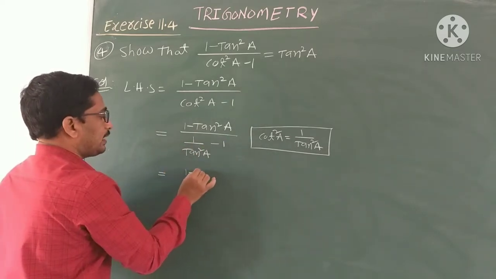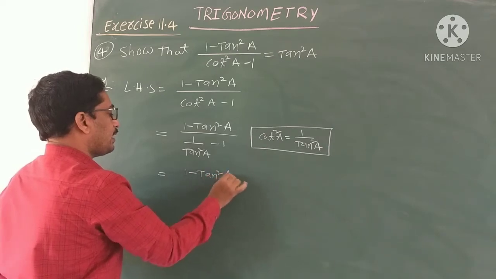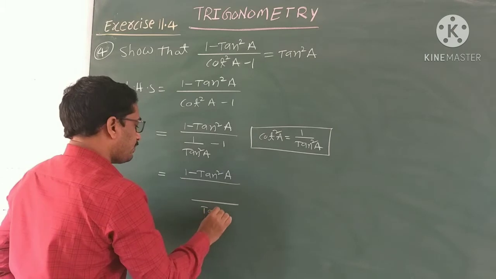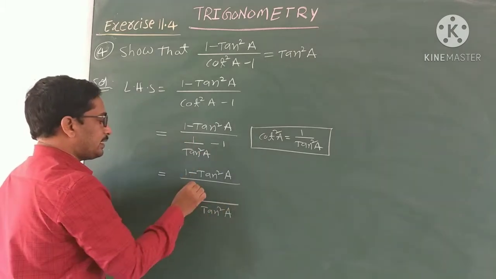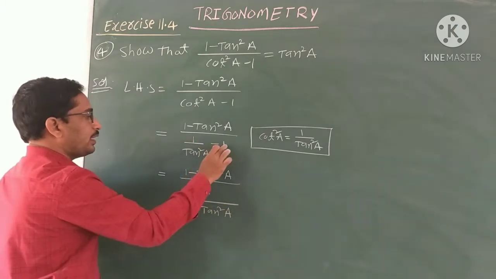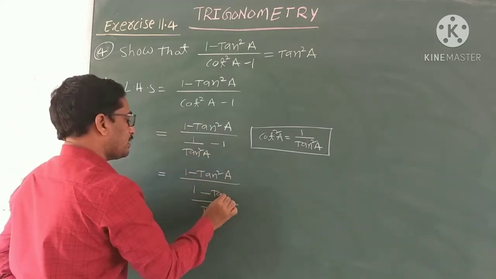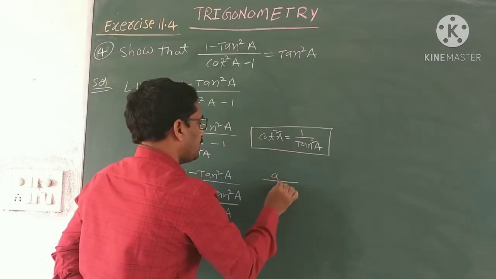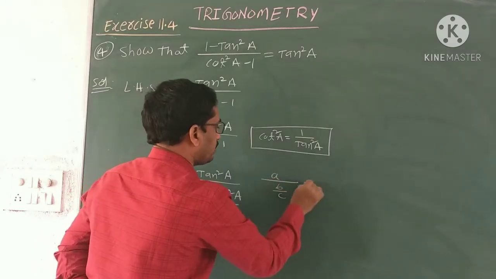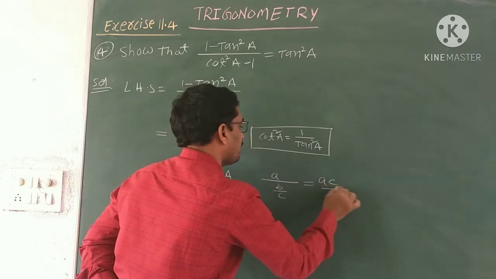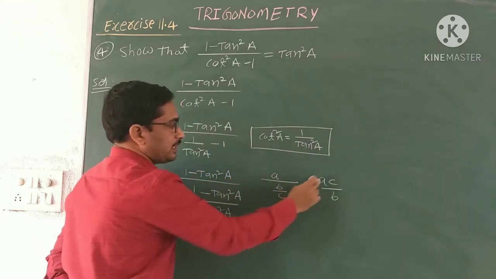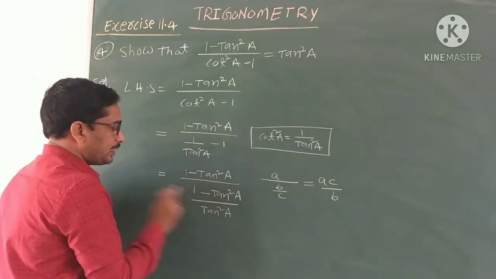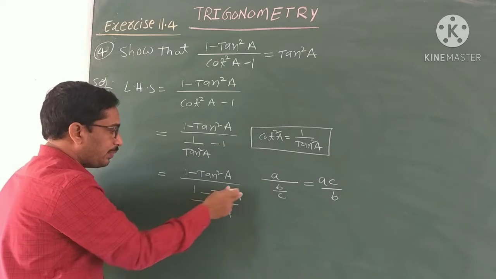Now the numerator stays as it is, 1 minus tan square a, and for the denominator take the LCM tan square a. So 1 as it is in the numerator, minus 1 into tan square a is tan square a. Next, one more formula: a by b by c equals ac by b.